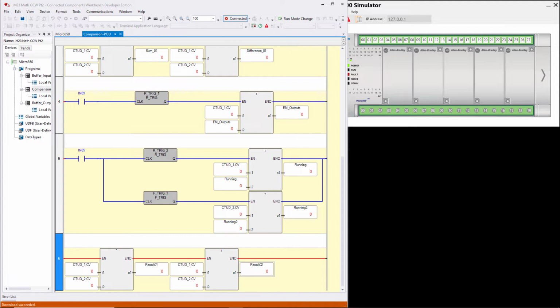The ENO is enable out. In other words, the enable in goes straight through the enable out to the next instruction. And this is a benefit. You can alter that on some of these instructions, but for now, let's leave that alone.